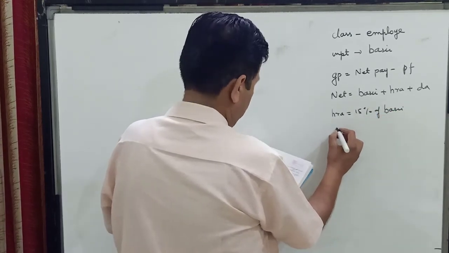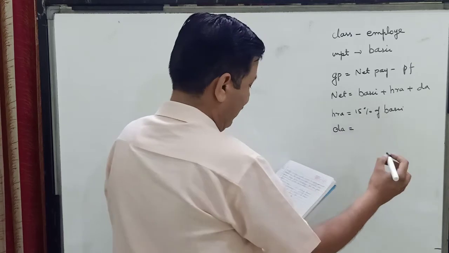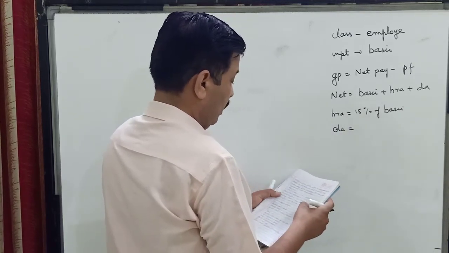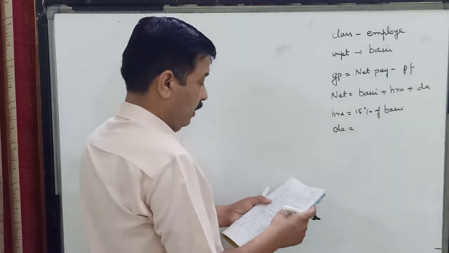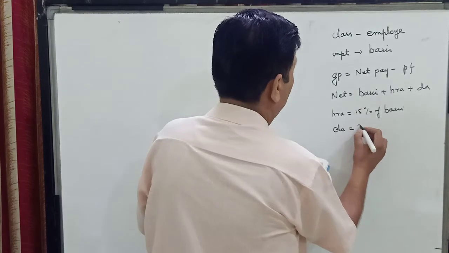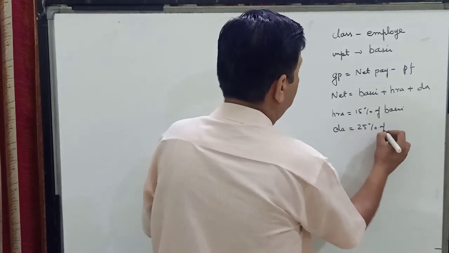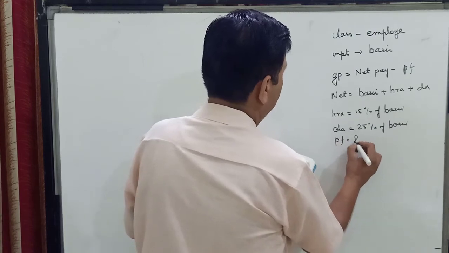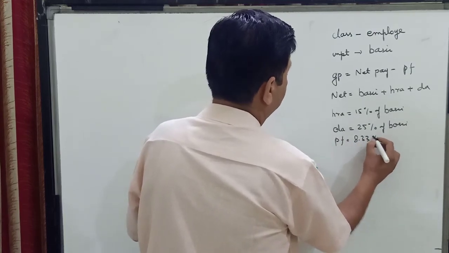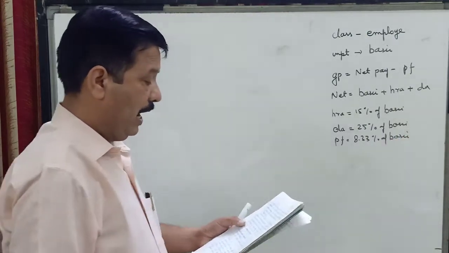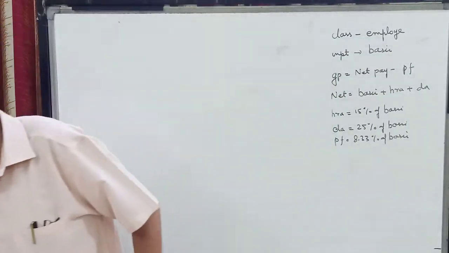And DA is to be calculated as 25% of basic, and PF is to be calculated as 8.33% of basic. And it is asking you to print the gross pay of an employee.